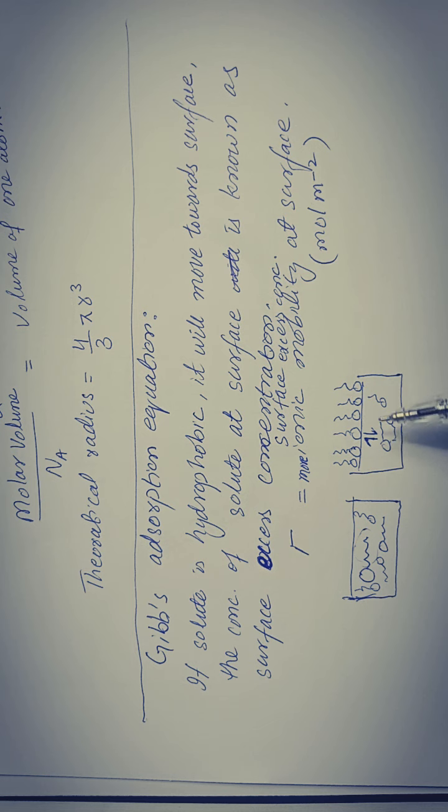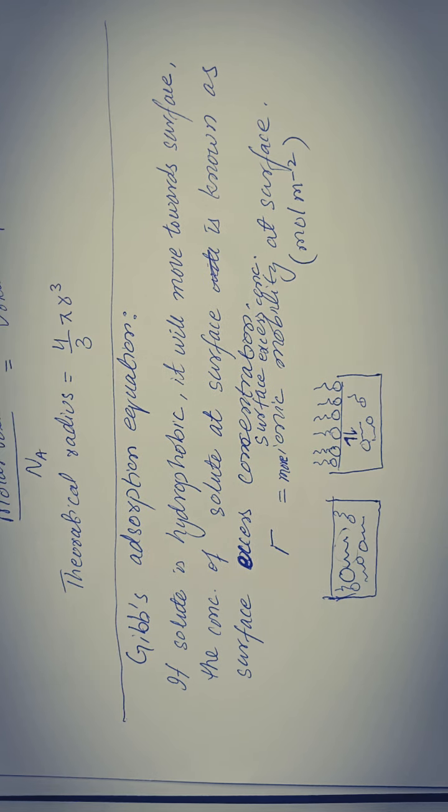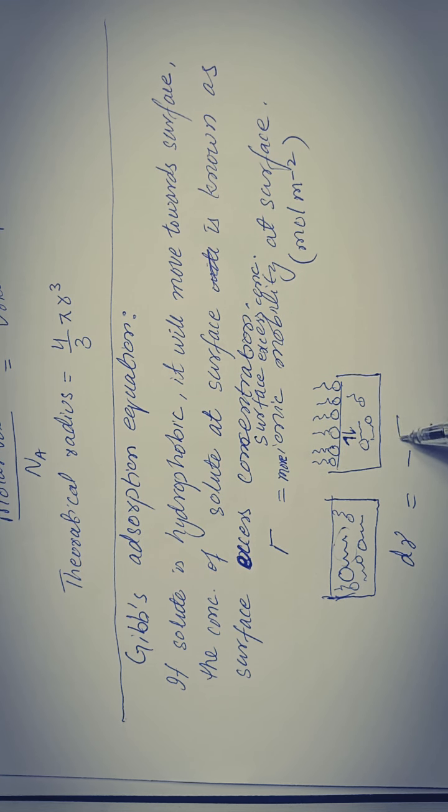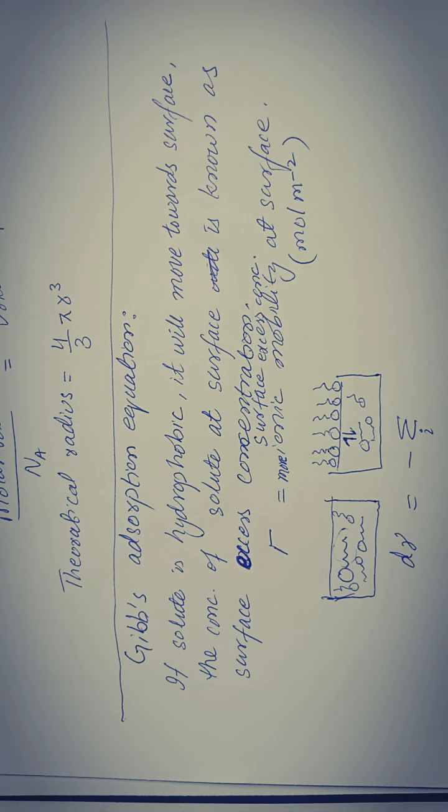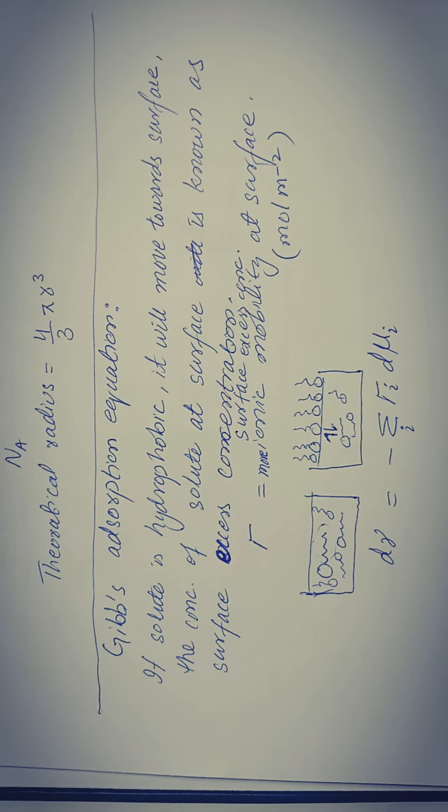So at this saturated surface excess concentration, the equilibrium is established, which is represented as the change in surface tension, that is the change from the pure solvent surface to the saturated surface, equal to the sum of the surface species into the change in chemical potential.